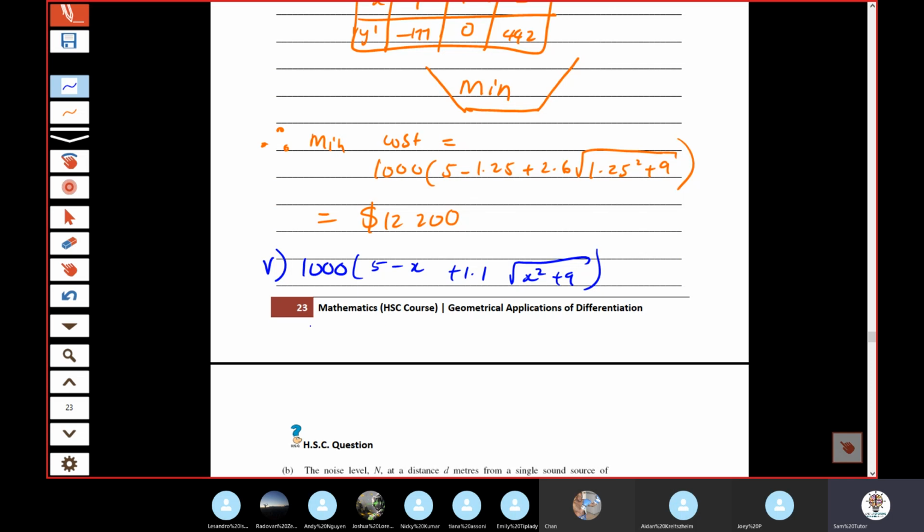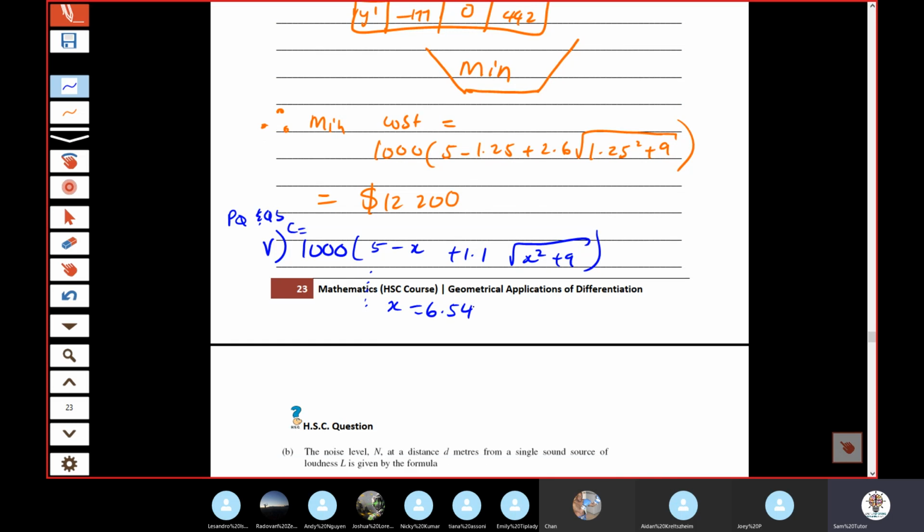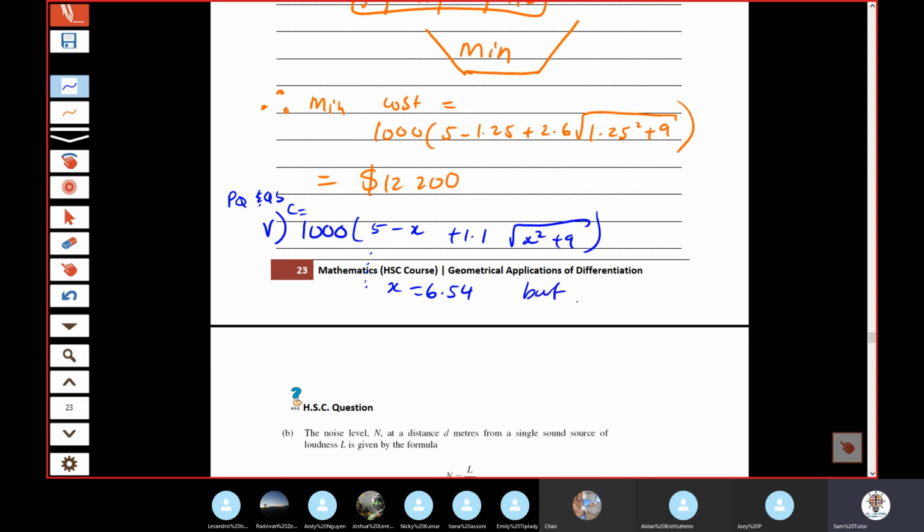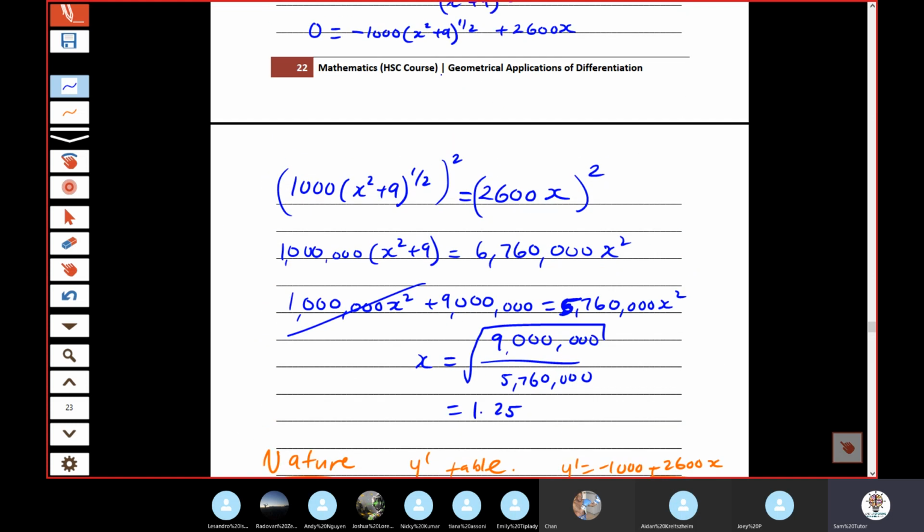When you do your C dash, so C equals, for PQ and QS, by the way, this is PQ and QS. You'll eventually get to x equals 6.54, but what's the problem with x being 6?